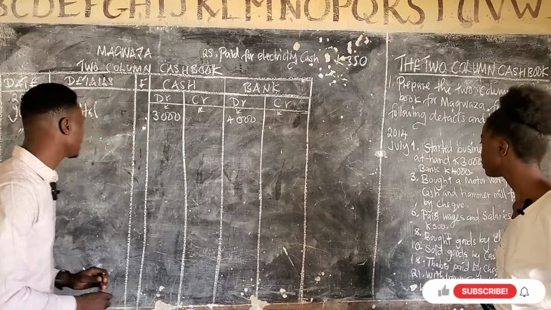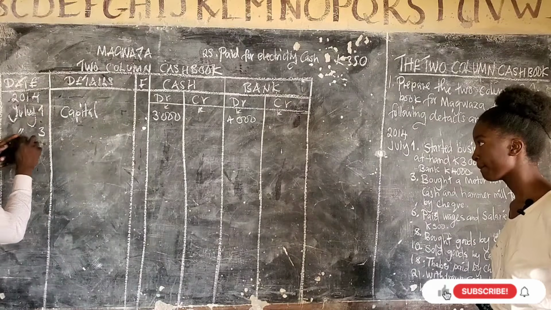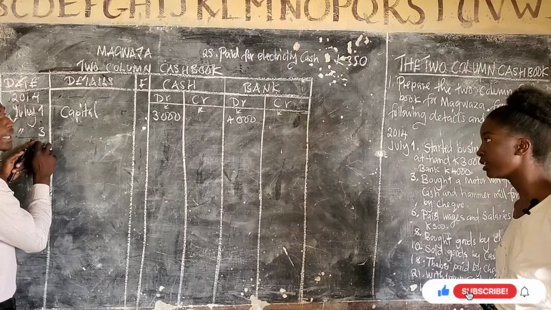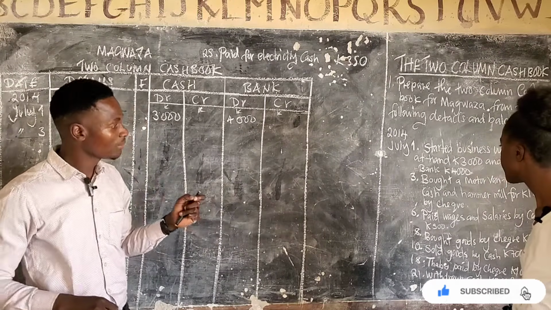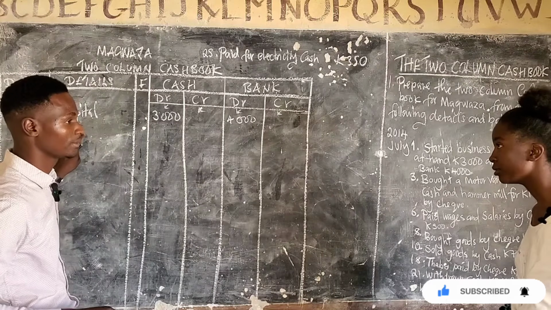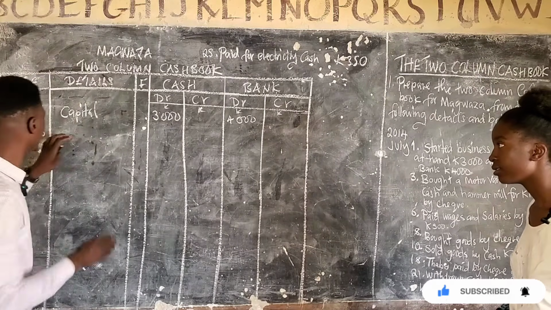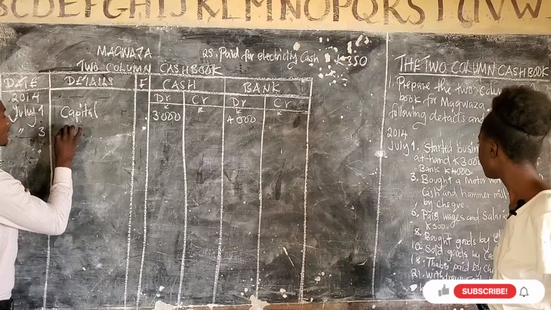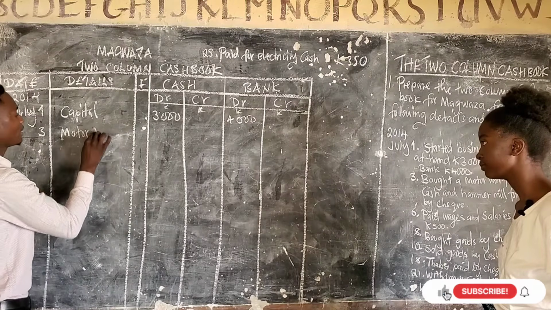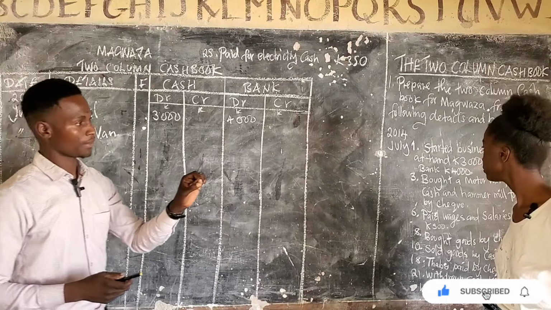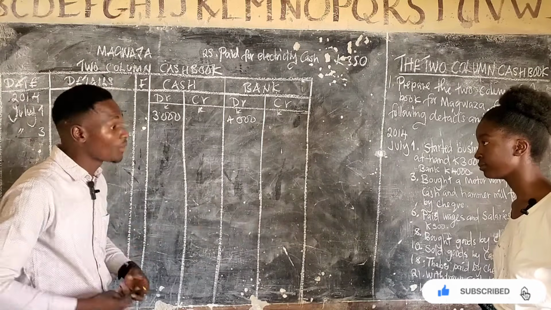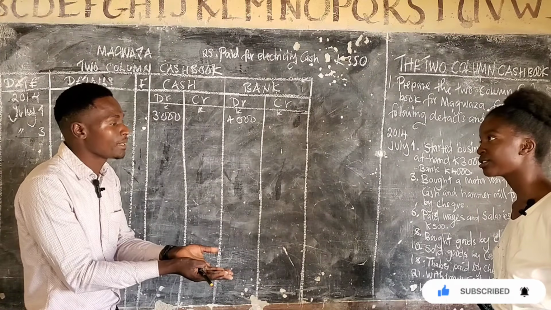We start with the one for 3rd July. Since we know what we purchased, what are we going to write here first? Motor van. Since we are purchasing, are we receiving money or giving out money? Giving out money.